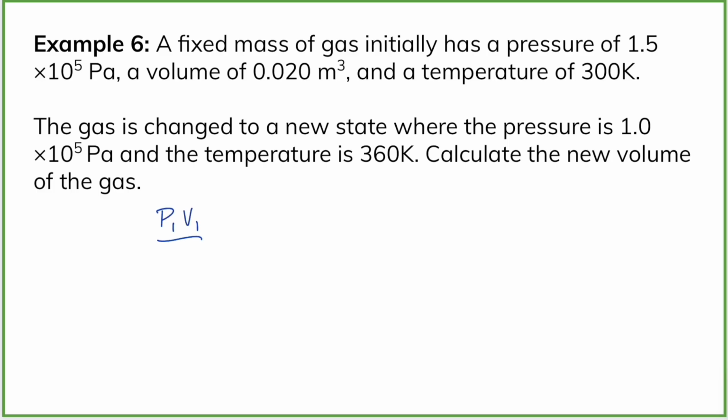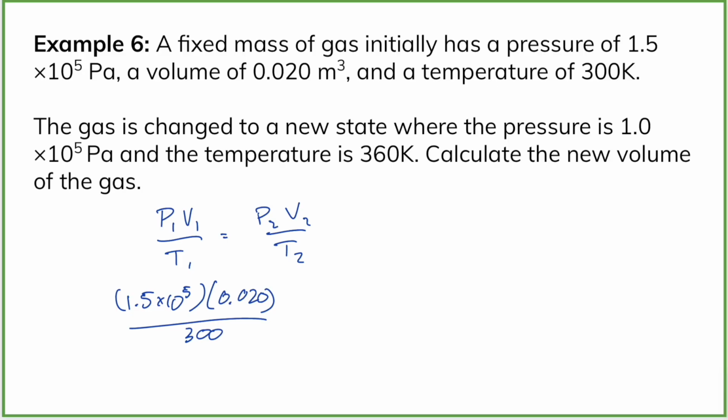So P1V1 over T1 equals P2V2 over T2, and we can plug all these values in. We have our initial ones, which is 1.5 times 10 to the 5, 0.020, all over 300, and that's going to equal 1.0 times 10 to the 5 times the new volume over 360.